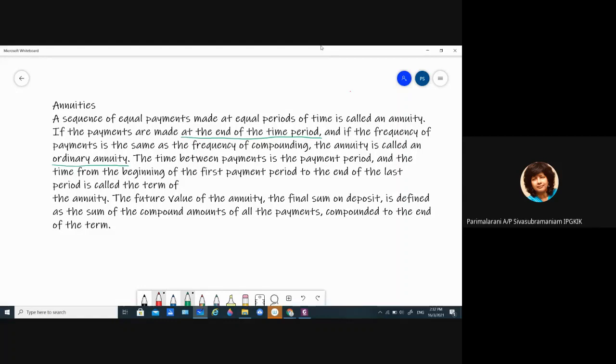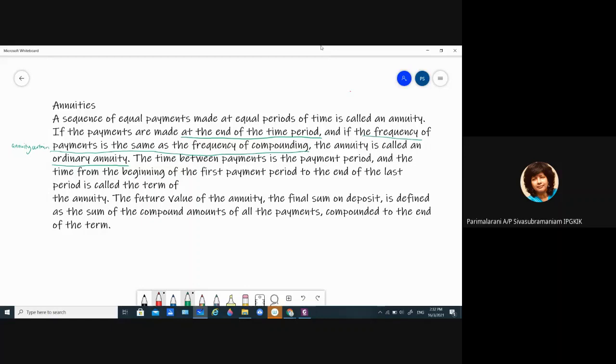But if the frequency of the payment is the same as the frequency of compounding, then this is known as annuity certain.